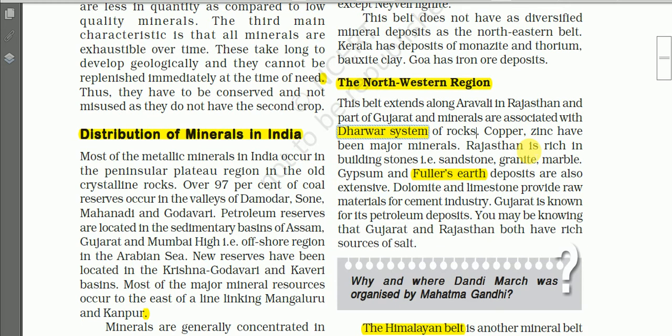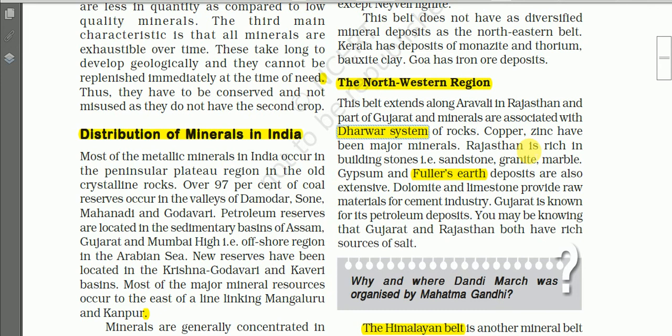And why is the name given like this? Because in this Dharwar region in Karnataka, the first metamorphic sedimentary rocks were studied, and similar rock systems are also known as the Dharwar system.